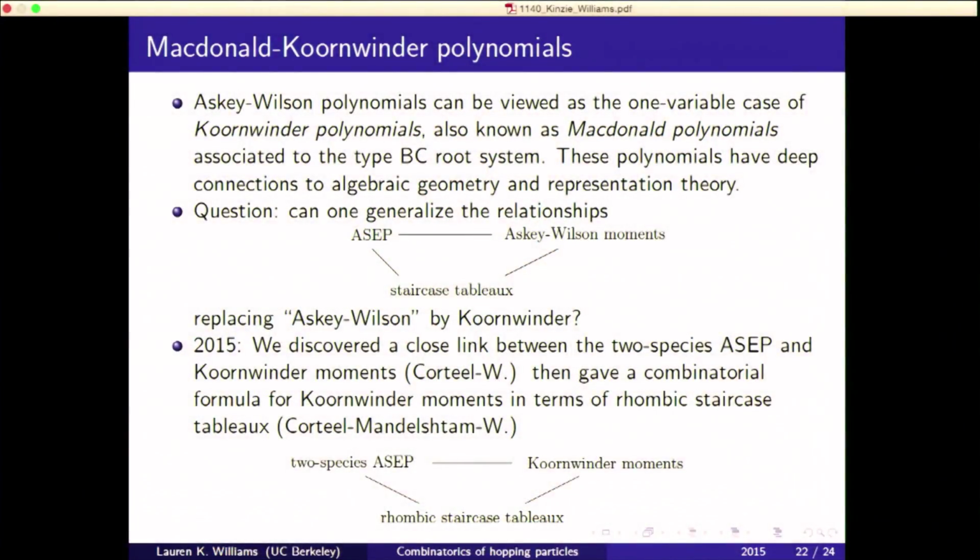But there's no direct link right now. I was just going to say that this trio gets replaced precisely with these three objects: two-species ASEP, Koornwinder, and rhombic tableau.